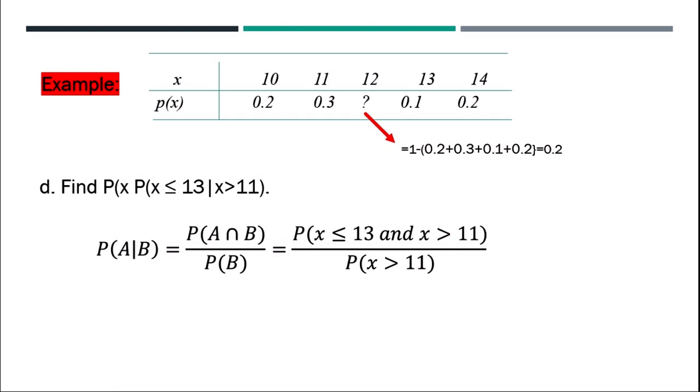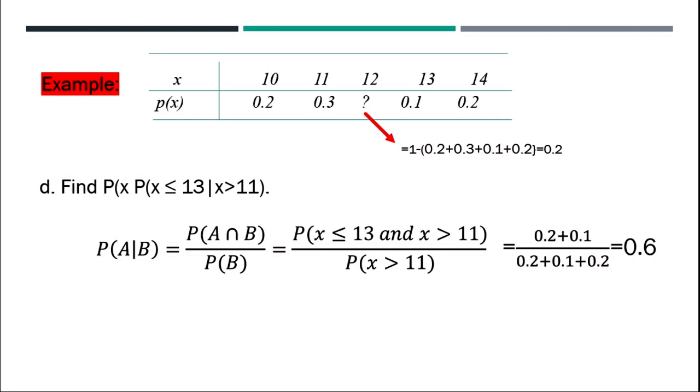It can be 12, 13, 14. So the overlap of A and B is 12 and 13. Then add the probability of 12 and 13, 0.2 plus 0.1.